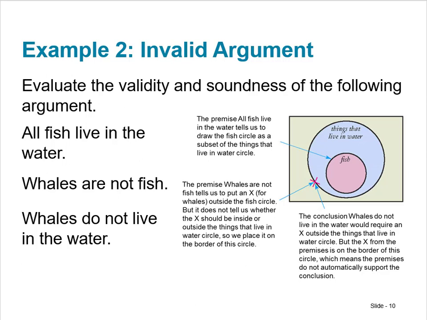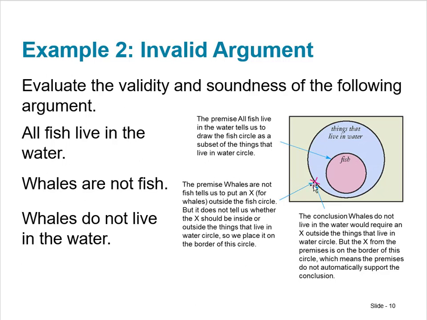So evaluate the validity and soundness of the following argument. All fish live in the water. Whales are not fish. Therefore, whales do not live in the water. So here's your Venn diagram, things that live in the water, and fish are within that circle. But then whales are not fish.